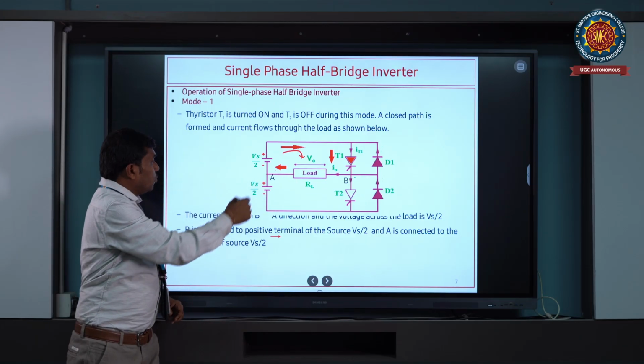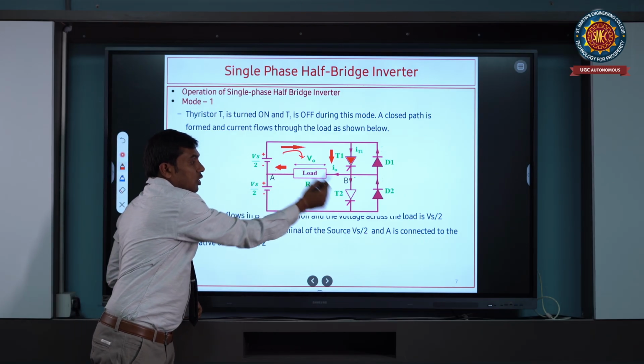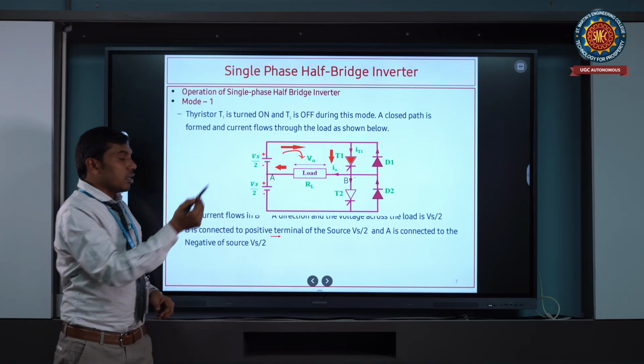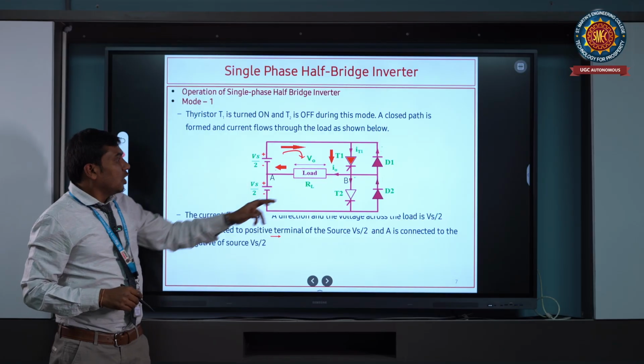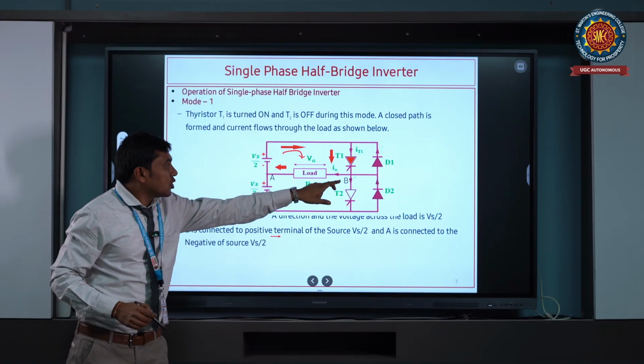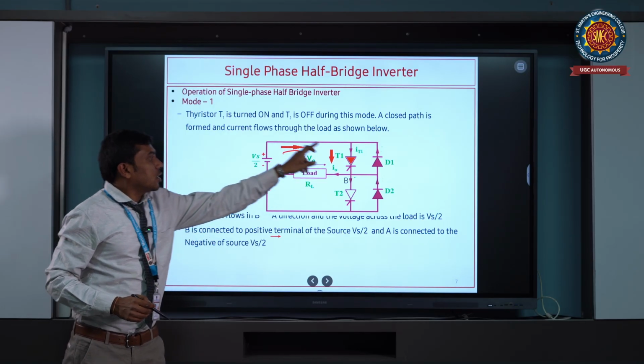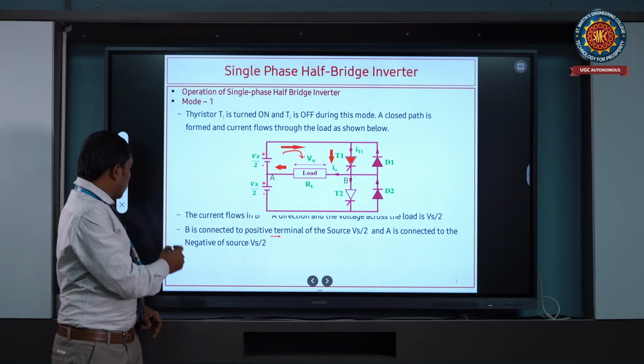And mode 2 means what? It is when T2 is turned on. Therefore, again the current flows in the reverse direction. In mode 1, B is positive and A is negative because it is connected via T1.